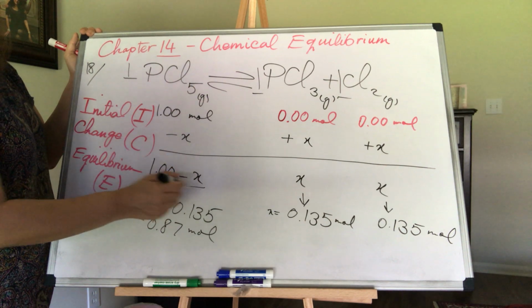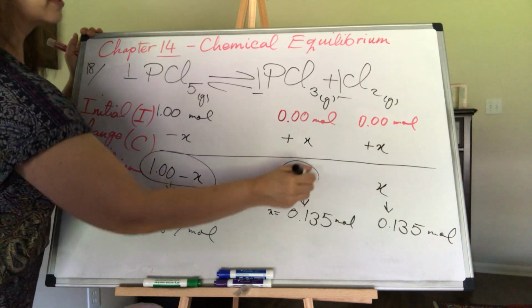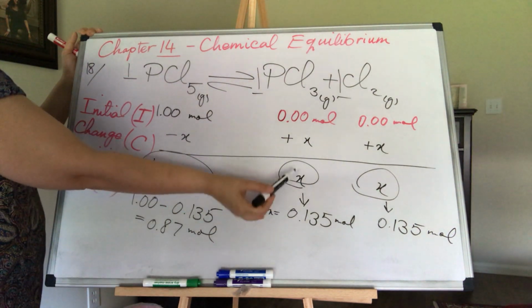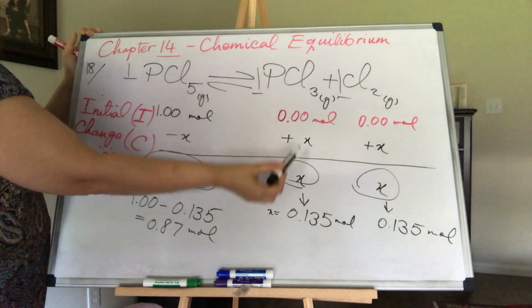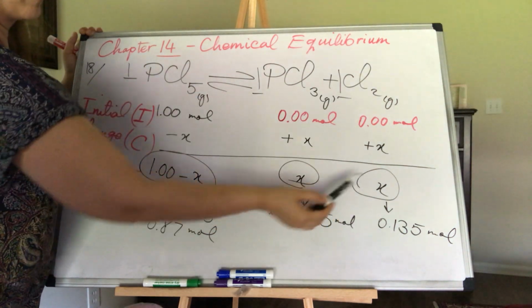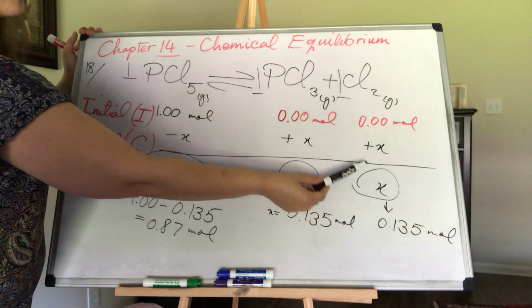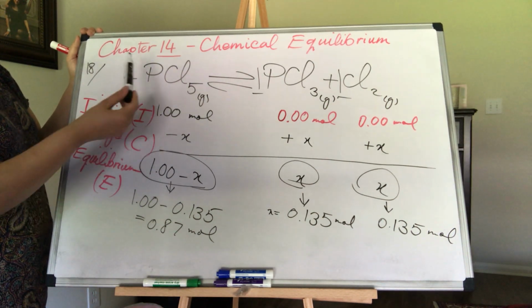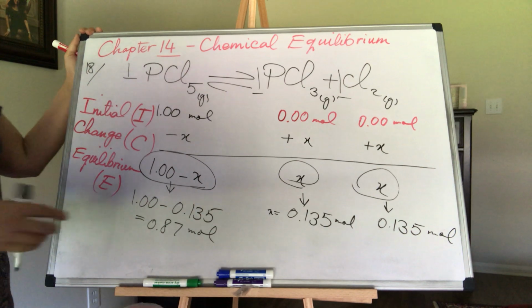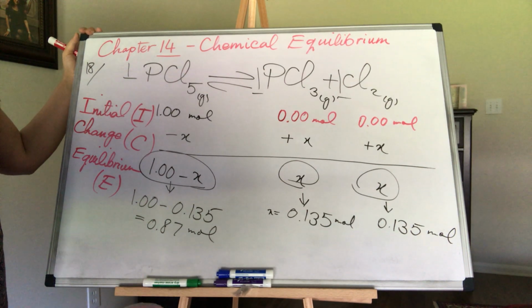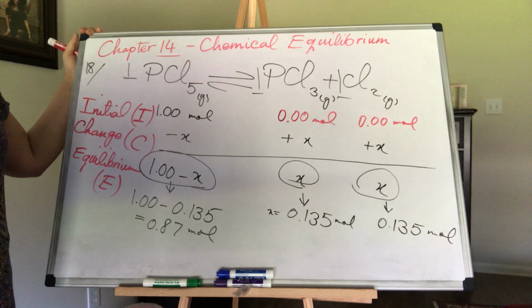So we have 1 minus x, x, and x. The question says at the end 0.135 moles of PCl3 is produced. The same thing, because both of them are x. The same amount for Cl2 has been formed, and what is remained from PCl5 is 1 minus 0.135, which is 0.87 moles.